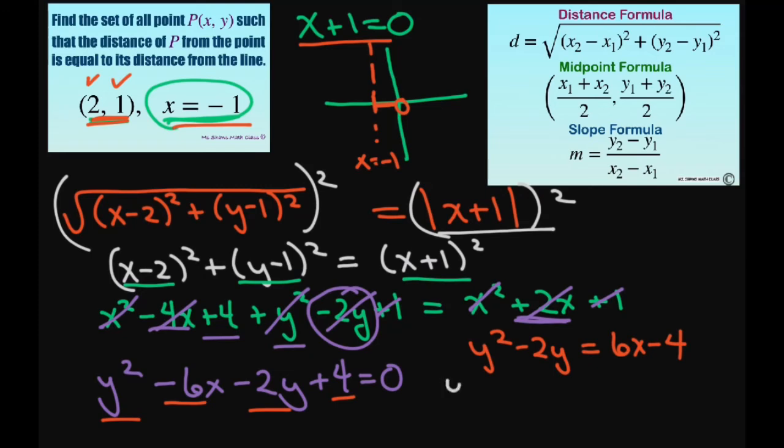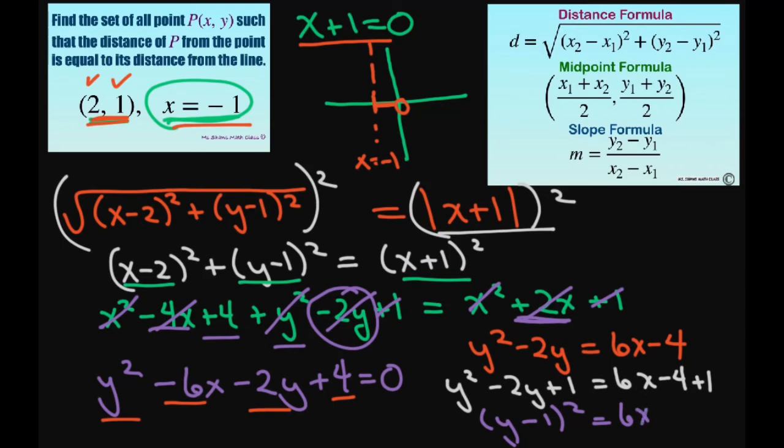This is Y squared minus 2Y. You take half of that and square it, you get 1. So we're going to do the same thing here: 6X minus 4 plus 1. That means I can write this as Y minus 1 squared equals 6X minus 3.